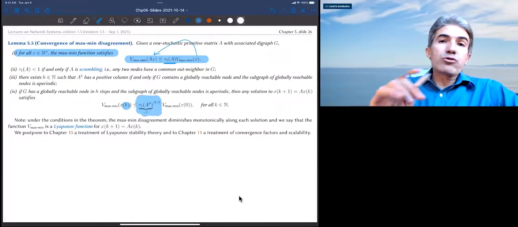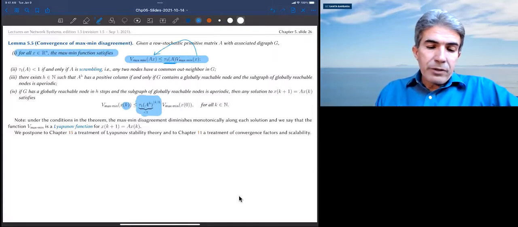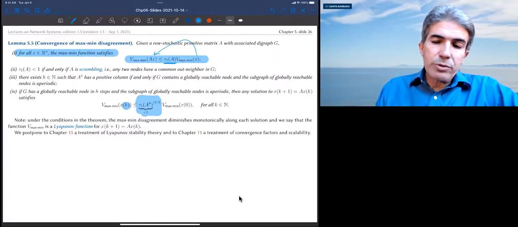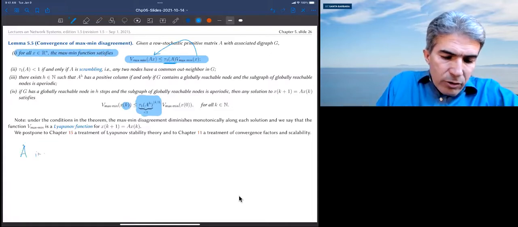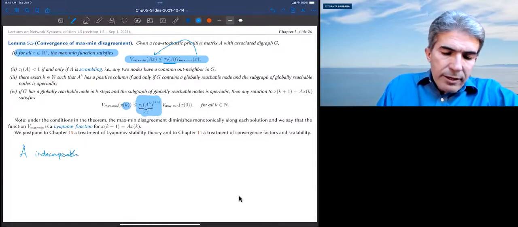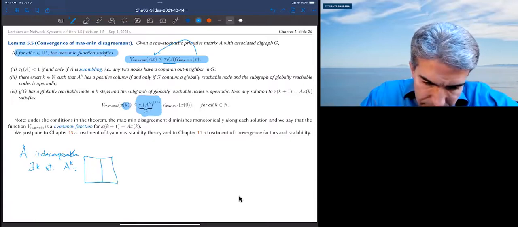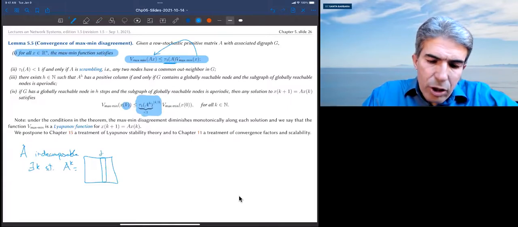This has the potential to work for any matrix A that is also not symmetric. There is, however, unfortunately, one complication. The theory is great, but there is one slight complication. Remember, I said to you that A is indecomposable when there exists a k such that A to the k has a strictly positive column j.